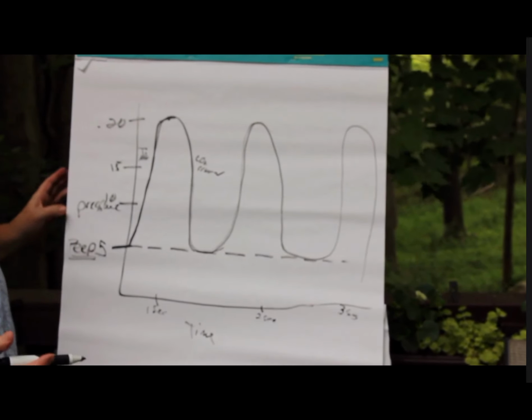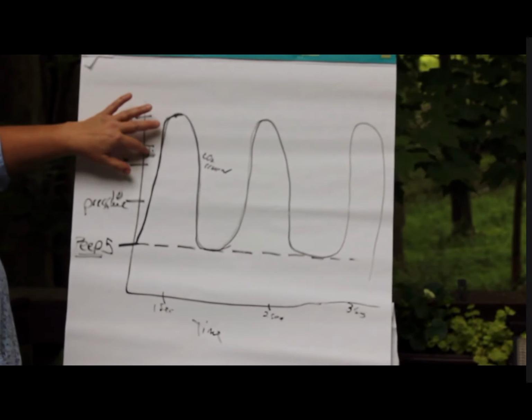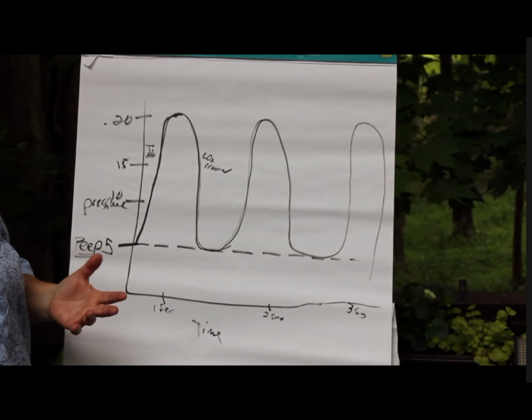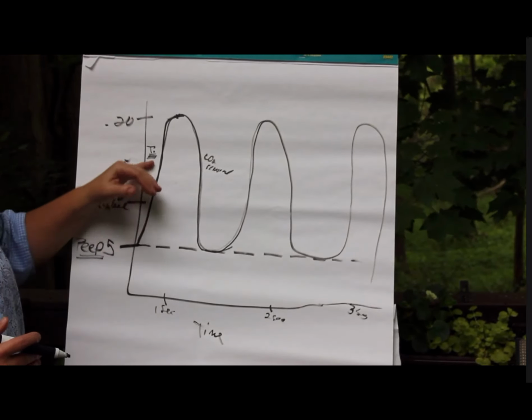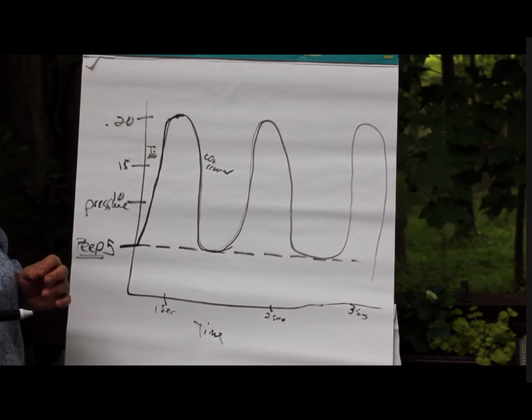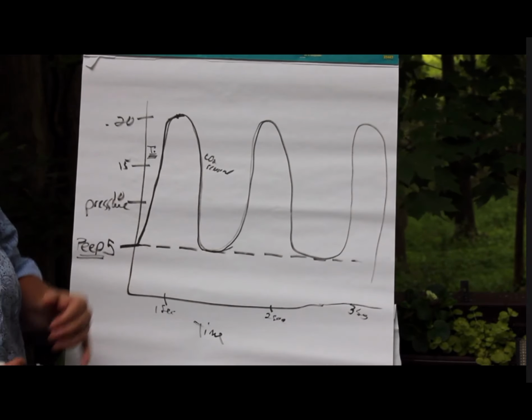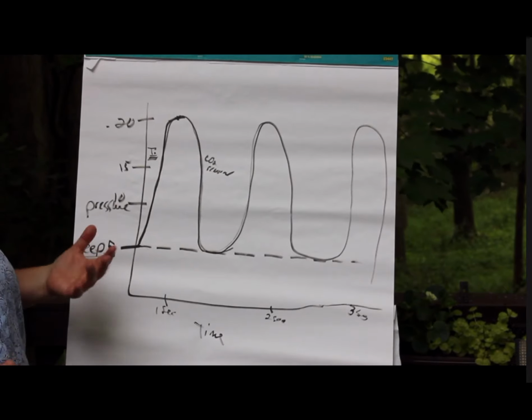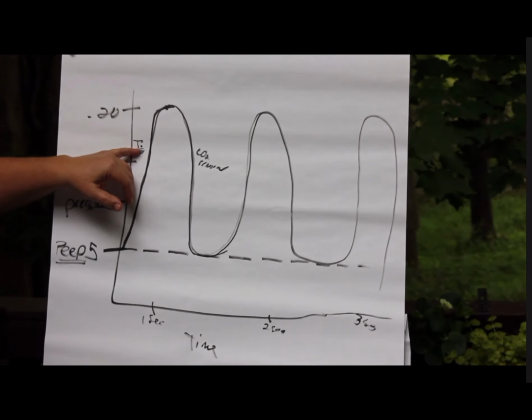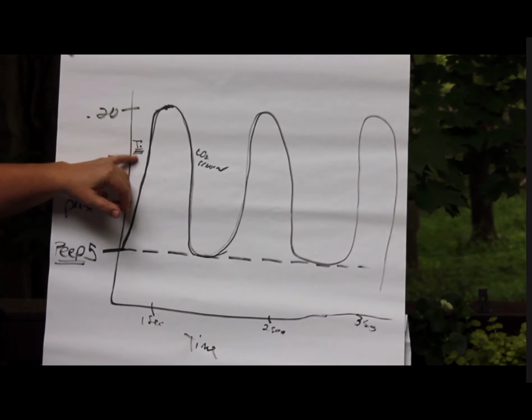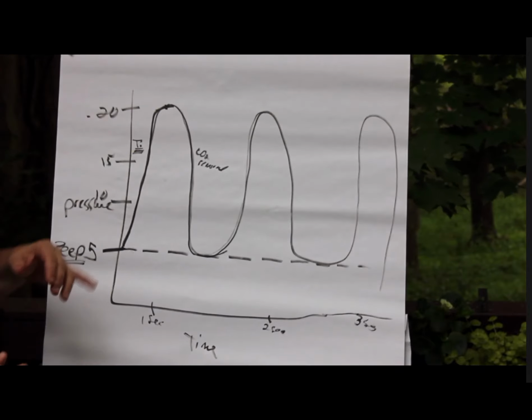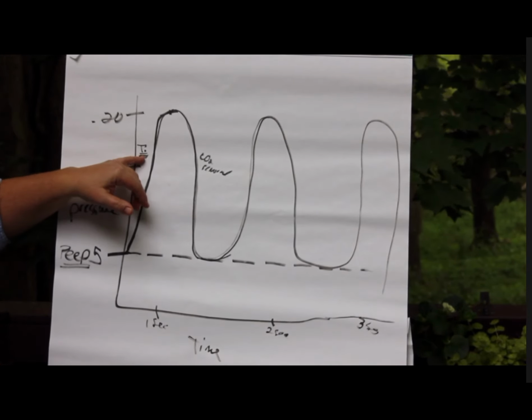So by manipulating our inspiratory time, if we make it a little longer, we have longer time for oxygenation. If we make it shorter, we have a longer time for CO2 removal. So if we want to increase our oxygenation, increase our inspiratory time. If we need to remove more CO2, we can decrease our inspiratory time.